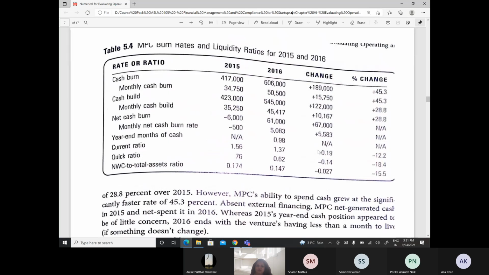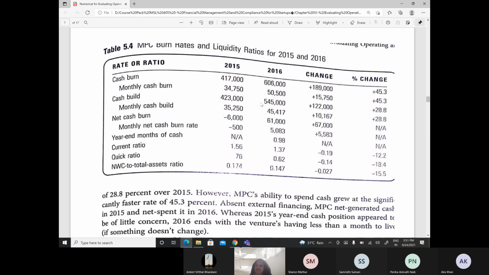Okay, so here you can see how the burn rates and liquidity ratios have been computed for both the years, and we are now calculating the percentage change. So you can see that the cash burn has actually increased and the percentage change is 45.3%. The same is true for the monthly cash burn rate.